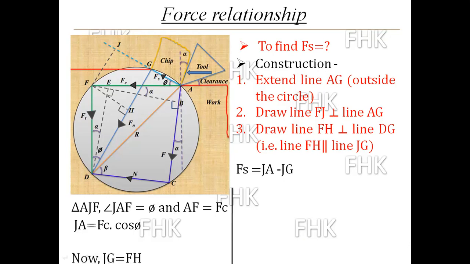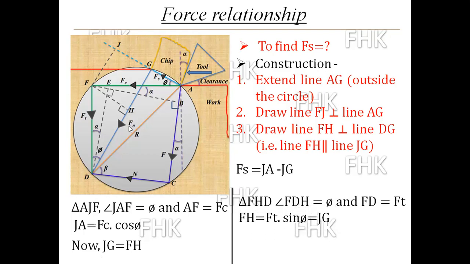Understand this? Now JG, which is equal to FH, I have to find out. So I will consider triangle FHD. In this triangle, the angle HDF is phi. How?